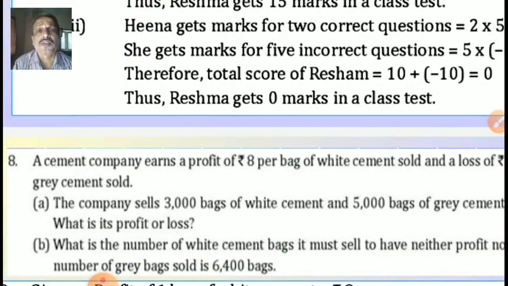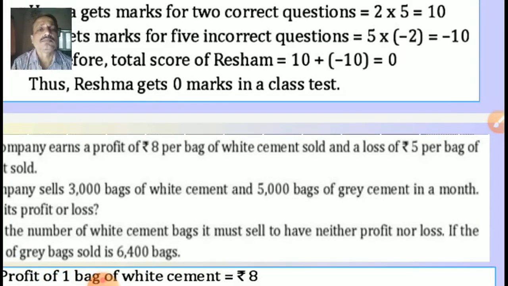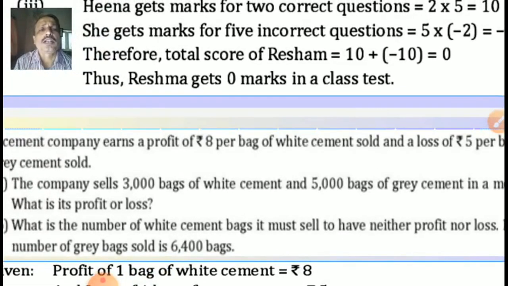Then find first, A. The company sells 3,000 bags of white cement and 5,000 bags of grey cement in a month. What is its profit or loss?